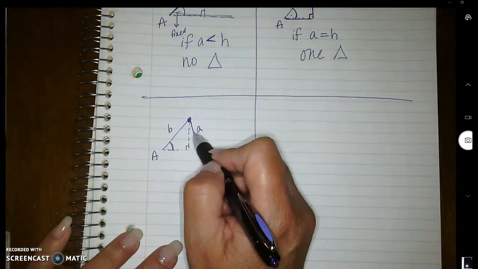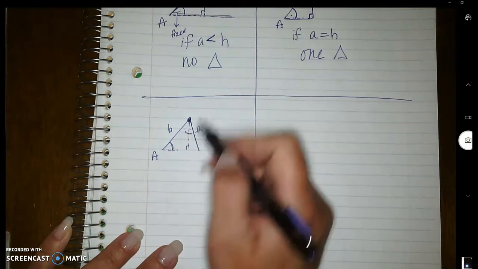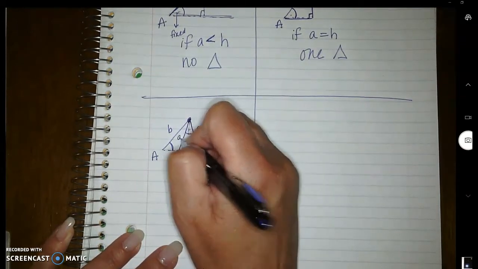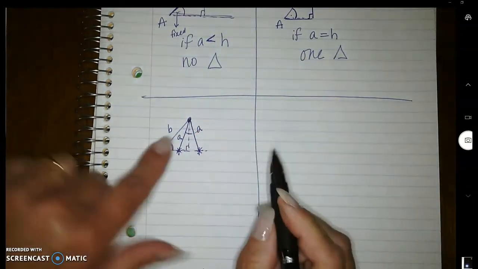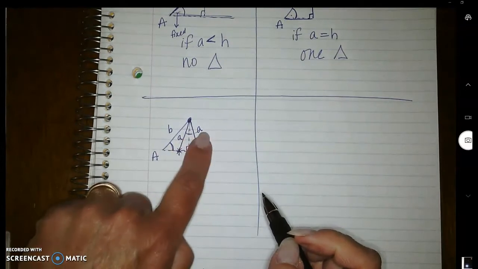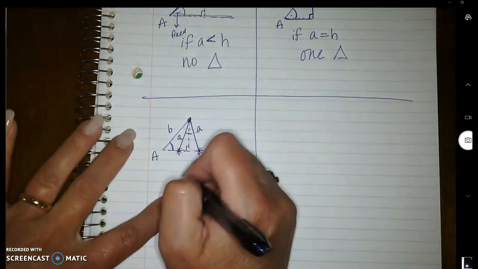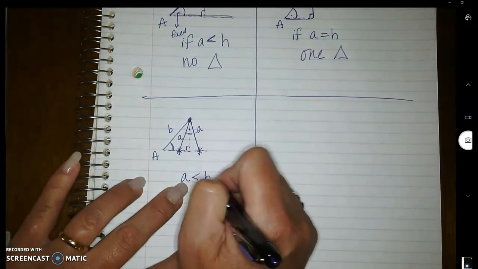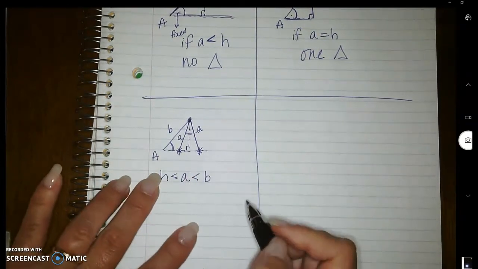Or if I remember, right, this hinge, if this is on a hinge, this opening, it could swing in and be right here. Okay, and so what happens is, if your other side, the side that is opposite the angle, is between, so if that side is smaller than B, but it's a little bit longer than the height.